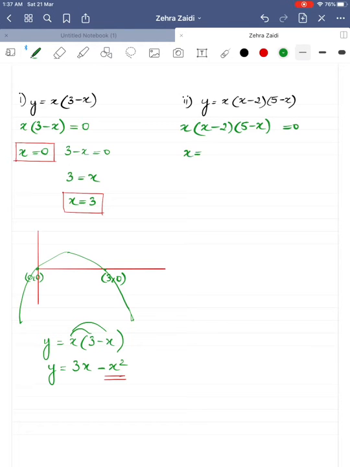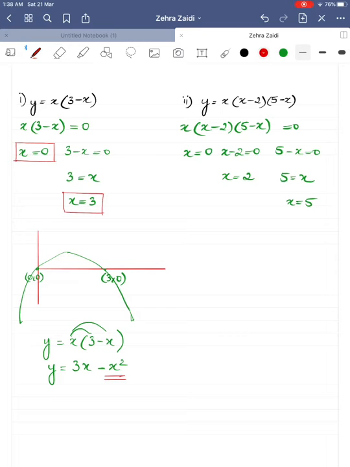Therefore, x is equal to 0, x minus 2 is equal to 0, and 5 minus x is equal to 0. We have x is equal to 2, 5 is equal to x, or x is equal to 5.